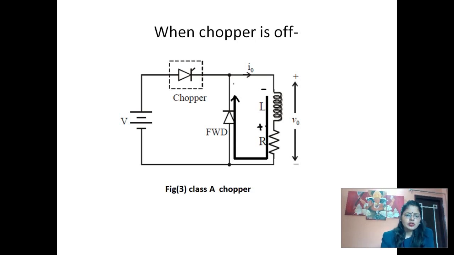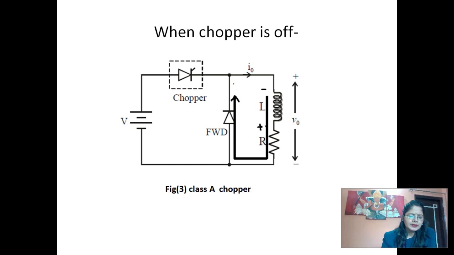When chopper is off, because chopper acts as a switch, the switch is open. When the switch is open, the source voltage Vs disconnects from the load side, and the freewheeling diode starts conducting. The freewheeling diode starts conducting because this time the inductor releases its energy, and this is the property of an inductor.